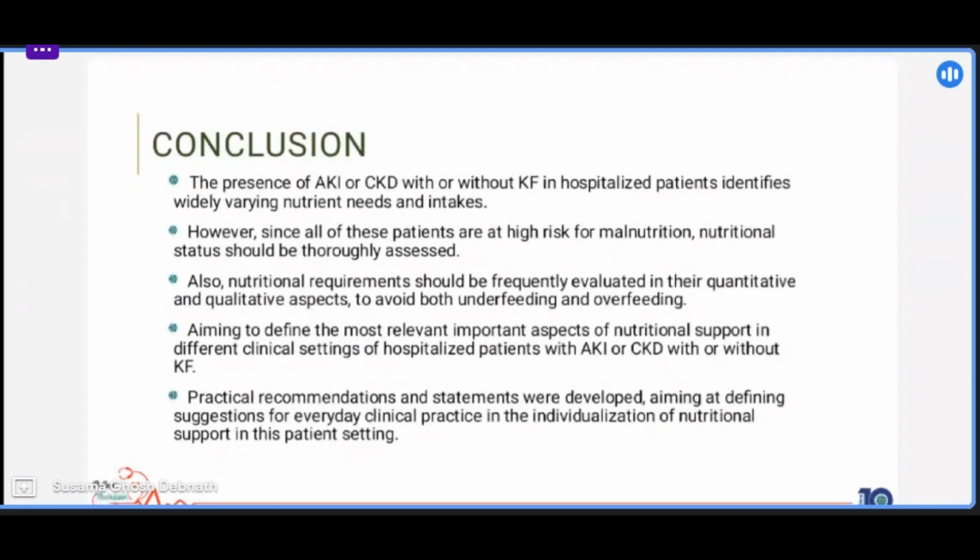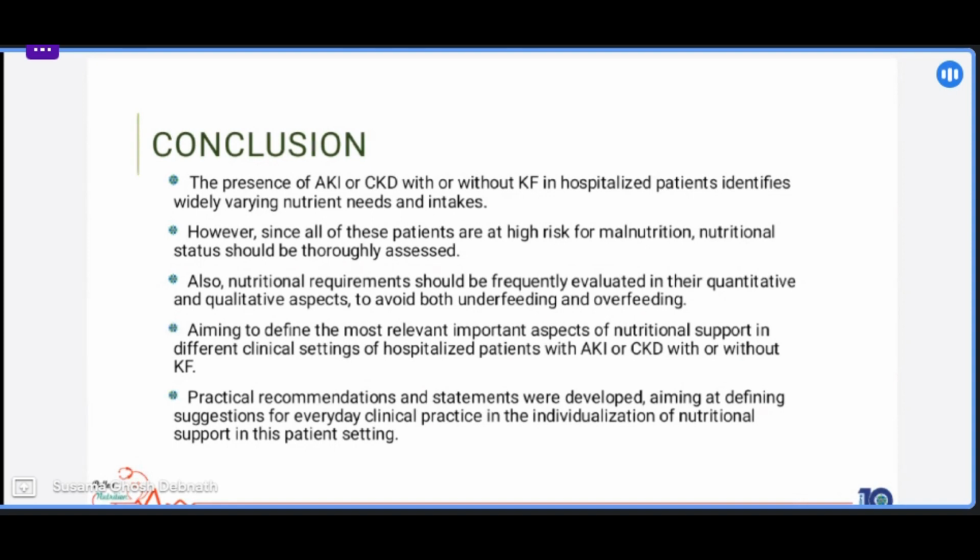Presence of AKI, CKD, in hospitalized patients identifies widely varying nutrient needs and intake. However, since all these patients are at high risk of malnutrition, nutritional status should be thoroughly assessed.